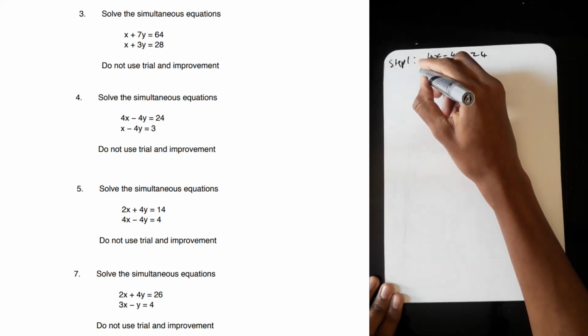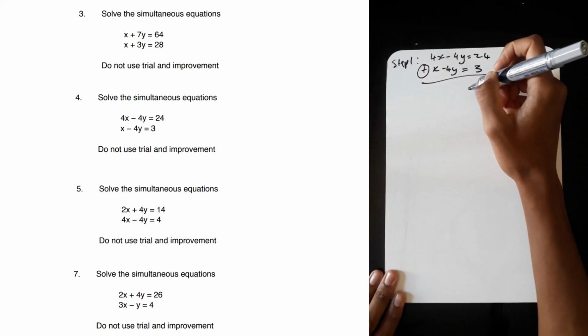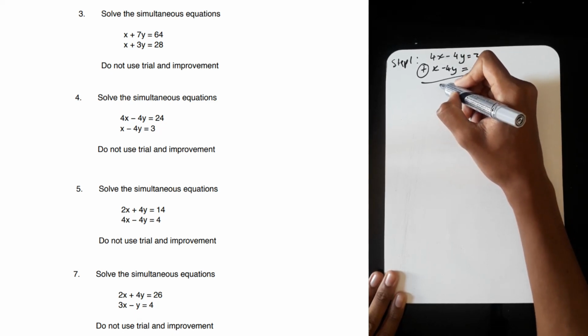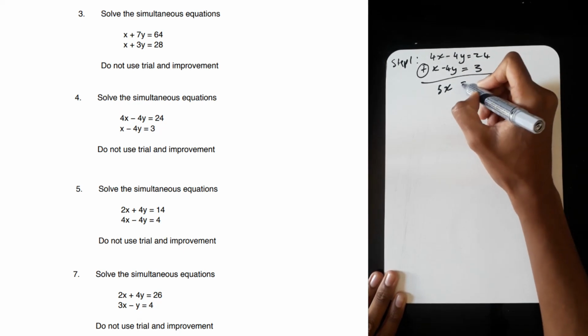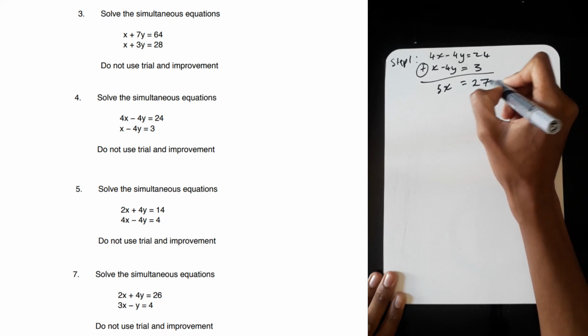So we use a plus. If you add them, it's going to be 5x equals 27.